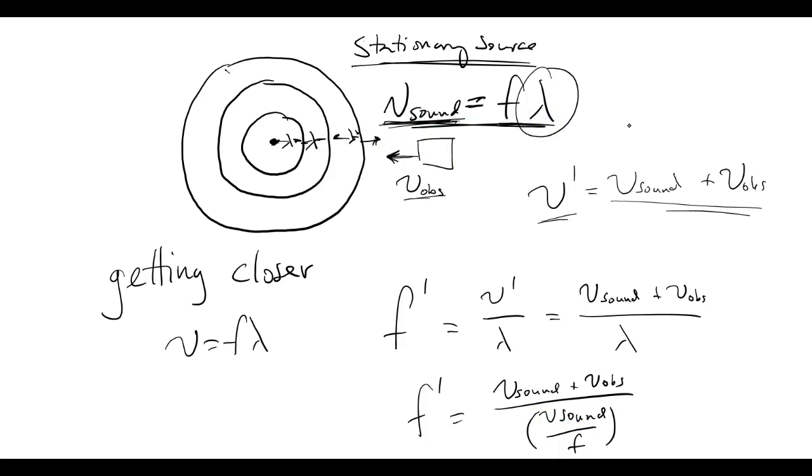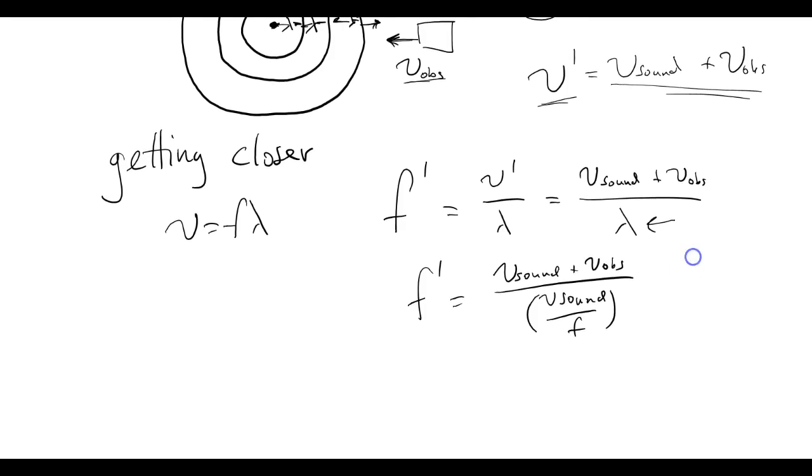The actual wavelength is how fast it's traveling in the air divided by the frequency that it's being emitted. And so instead of dividing by a fraction, which we don't like, we can multiply by the reciprocal, and so I get f prime is equal to f times v sound plus v of the observer, how fast you're moving, all over v of the sound.